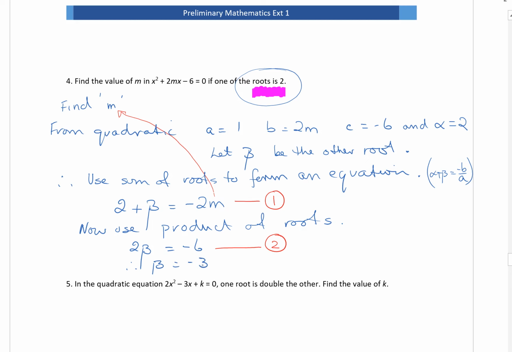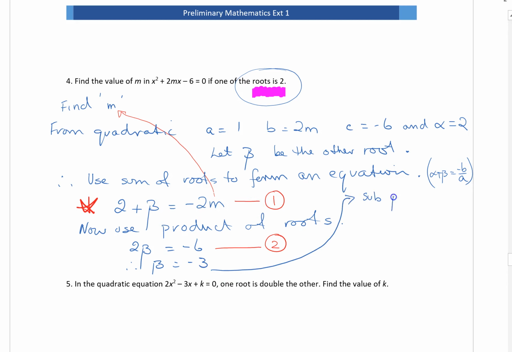Now, I've got my equation. This is my most important equation because it's got what I'm trying to find in it. It's got the m in it. But once I've got my beta, I can sub that into equation 1.